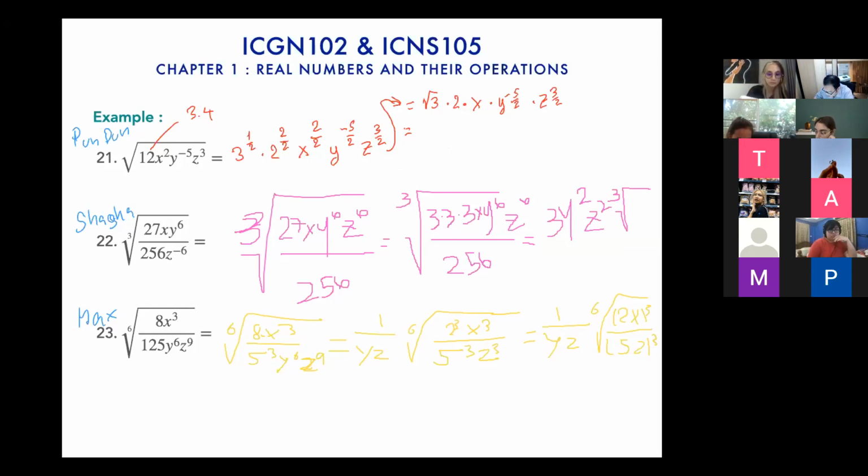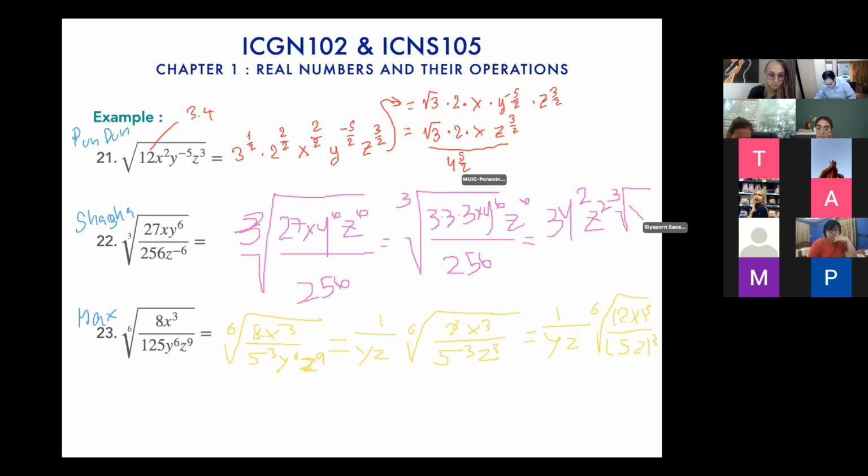to be the divisor. Then I have square root 3 times 2 times x times z to the power of 3 over 2 over y to the power of 5 over 2 instead.